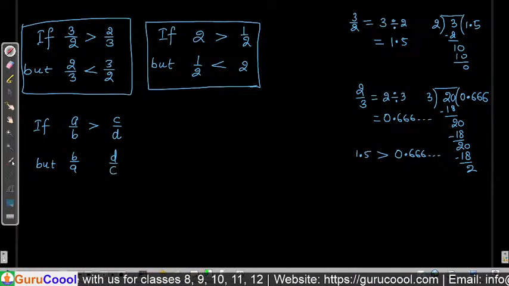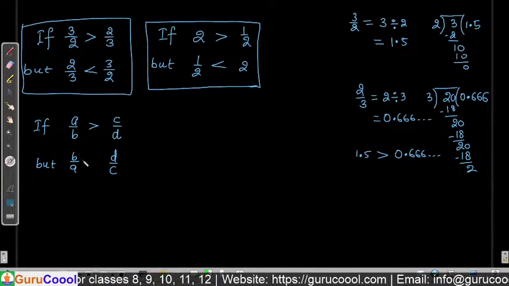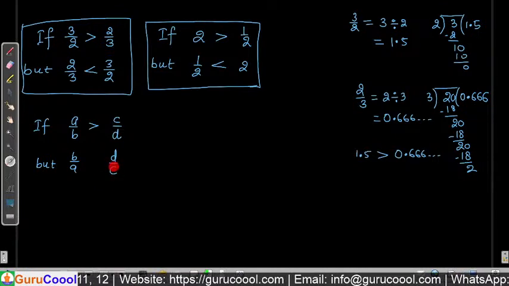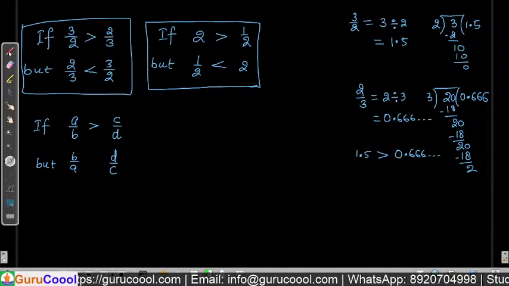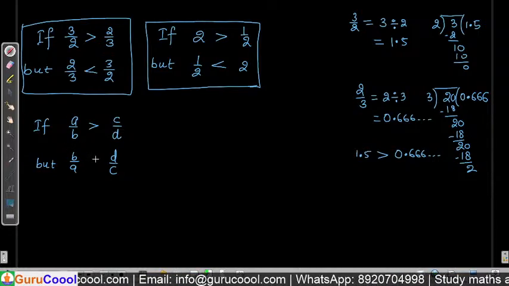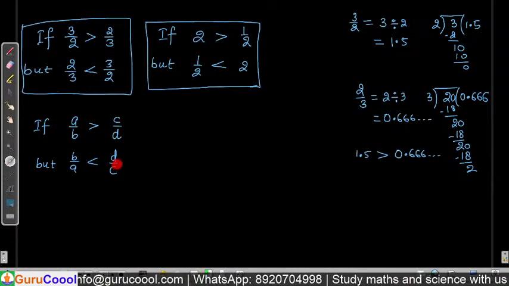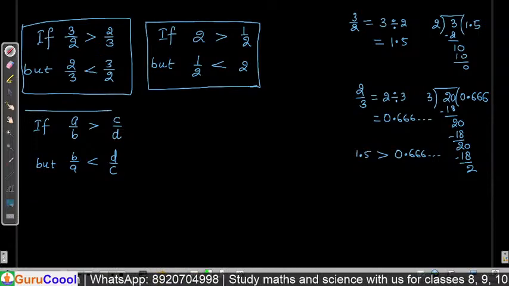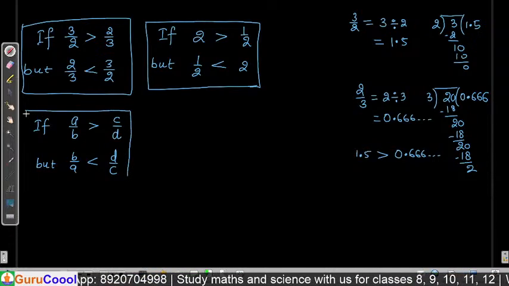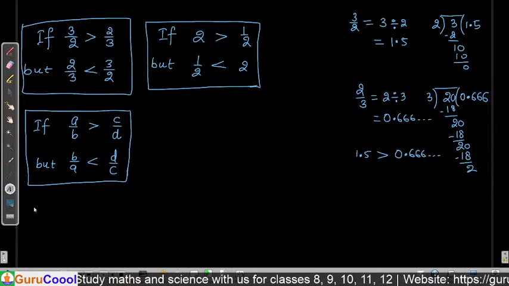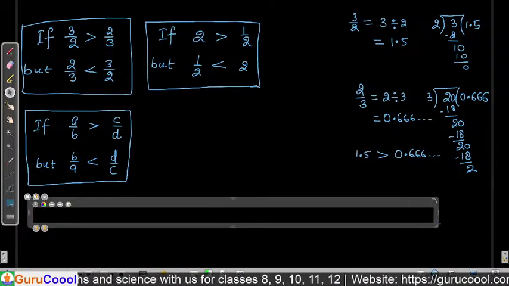So which one do you think will be greater now? Left one or right one? Right one is greater, exactly. Earlier the left one was greater, now the right one is greater. So this is a rule. If you reciprocate both sides, then also the inequality changes, right? So this is the second rule, rule number 2.